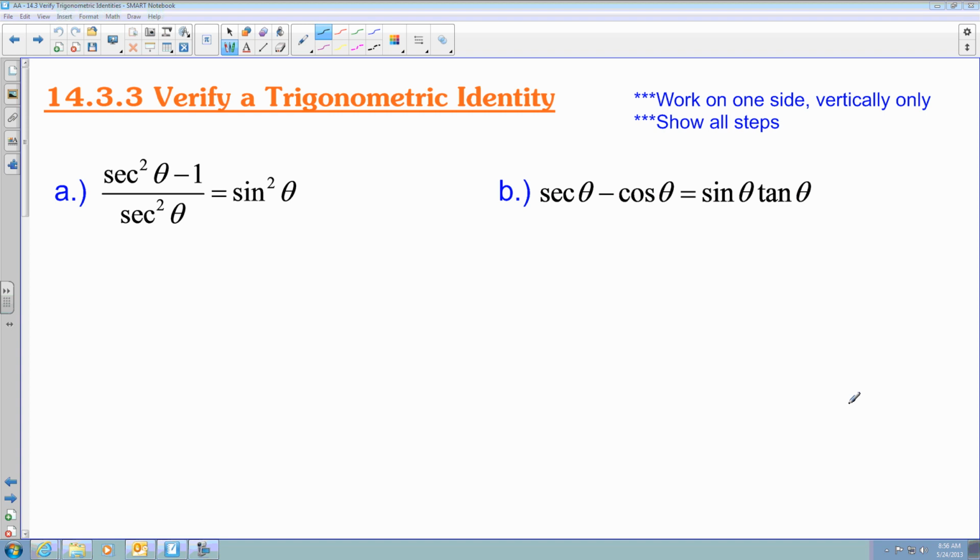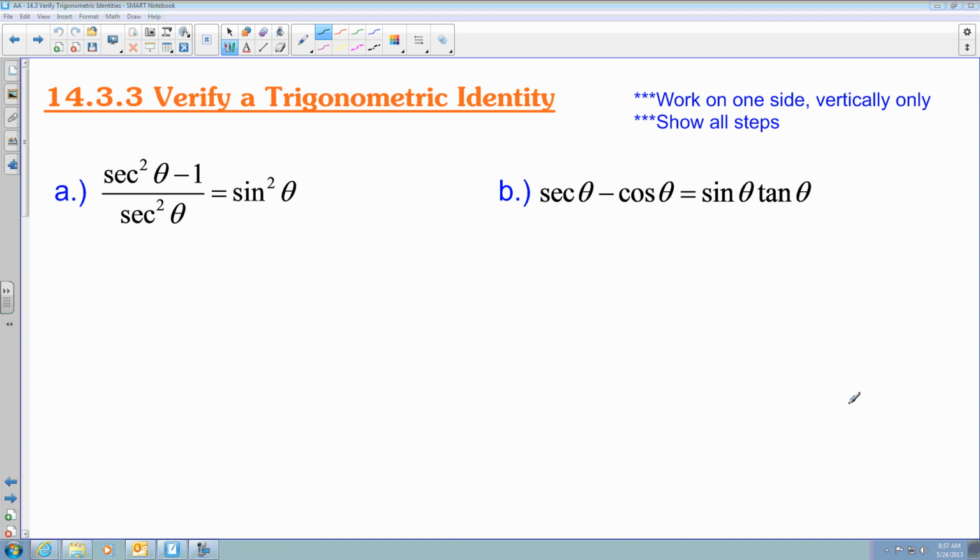So for example A, for instance, we have secant squared theta minus 1 over secant squared theta, which is going to end up equaling sine squared theta. So what I want to do is I'm going to pay attention to the left-hand side of the equal sign in order to solve the problem.